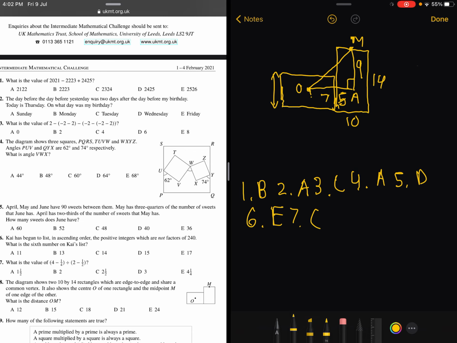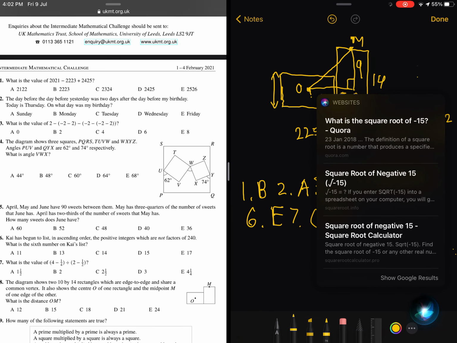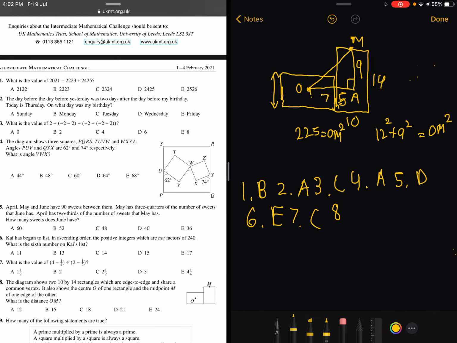Then you can apply Pythagoras' theorem to get 12 squared plus 9 squared equals OM squared. 225 is equal to OM squared, and OM is equal to plus or minus 15. Since you can't have negative 15, it must be plus 15, so 8 is B.